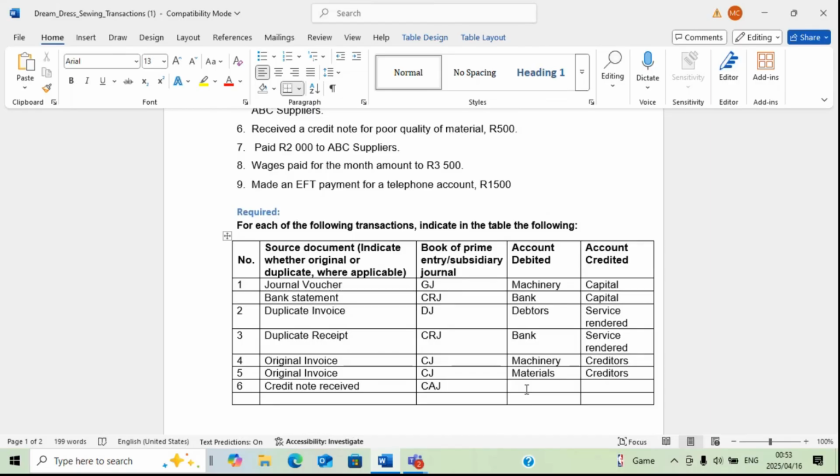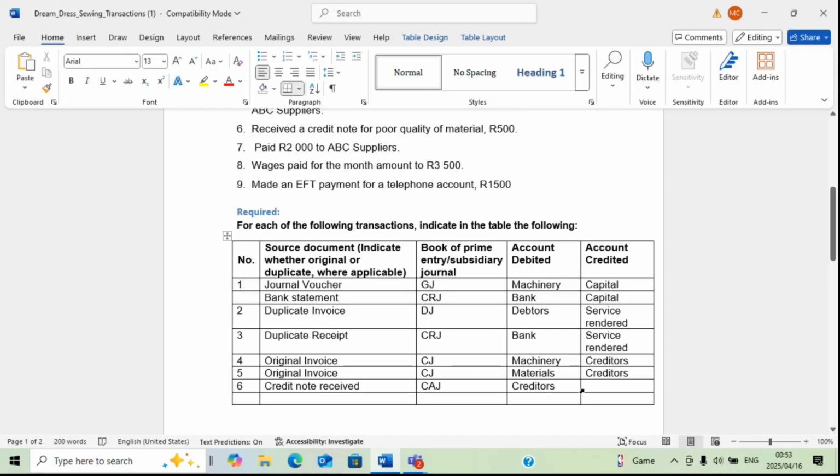So even here, there's a decrease in your creditors. I mean, you're going to debit them because when they increase, you must credit them, and when they decrease, you must debit them, right? So you are going to debit your creditors because they are decreasing, as I was giving an example.